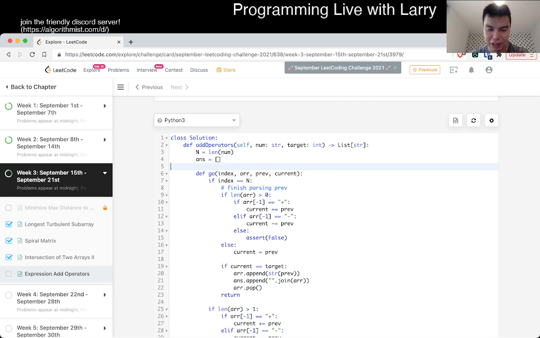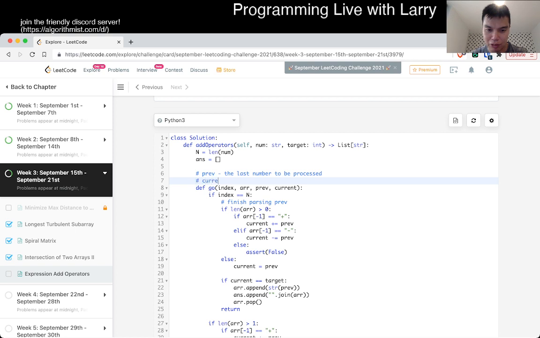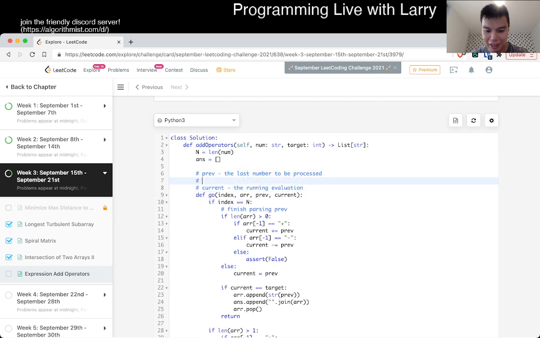Let's actually define it. Here's the last number to be processed. Current is the running evaluation, and then we just need another current num maybe, the current number to be processed.